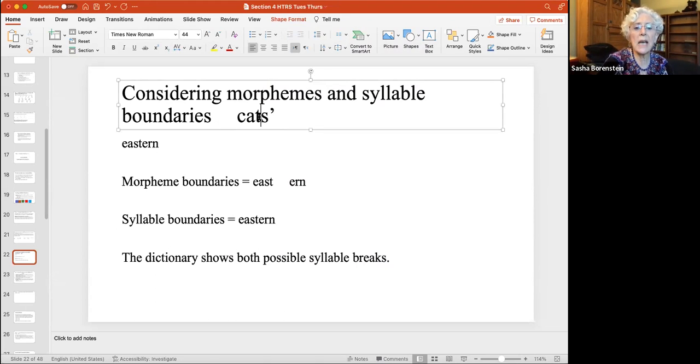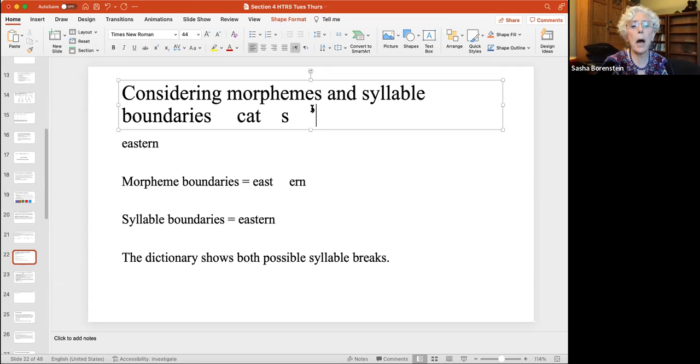There's the word CAT, and that means something. It's an animal with a furry tail and usually short ears, and it purrs to differentiate it from a dog. This letter S is a morpheme because it tells us that there's more than one cat. So now we have 2 morphemes.